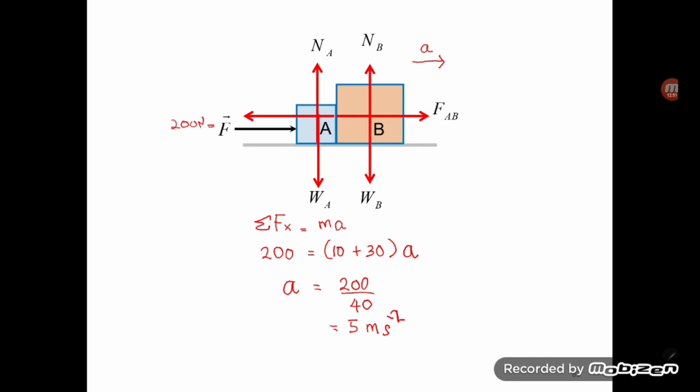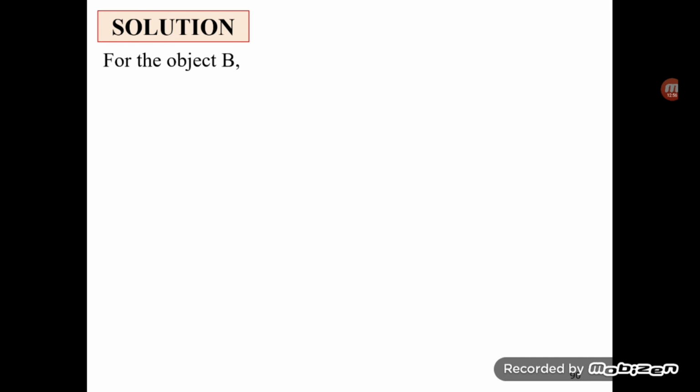Okay, second. We need to draw a free body diagram for object B, and the question asks us to find FAB. Apply Newton's law of motion. Summation of Fx equals ma.